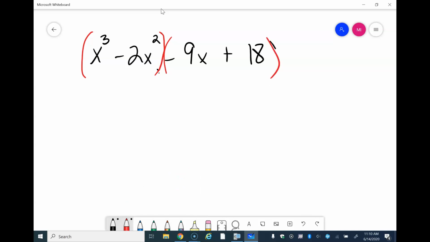So what we're looking for is pretty much the GCF of this first part. What can I take out of the first part and put on the outside? Well, to find the GCF of this one, you want to pick the lowest term. The lowest term here is going to be x squared. So I can pull out an x squared. And what does it leave me with? 1x minus the 2.